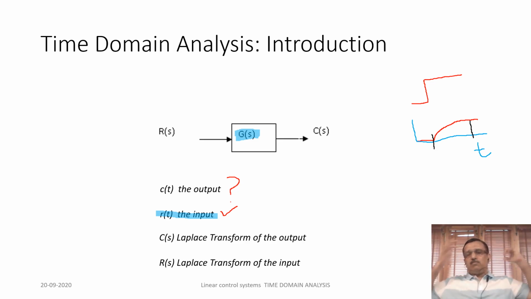But if it's some big reactor, you want to know how long it will take for some chemical to reach some value. It will be interesting if you can find the transfer function G(s), and then you know the input, you can find the output. So that is the agenda for this module.